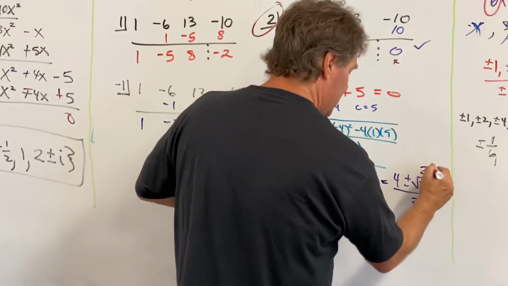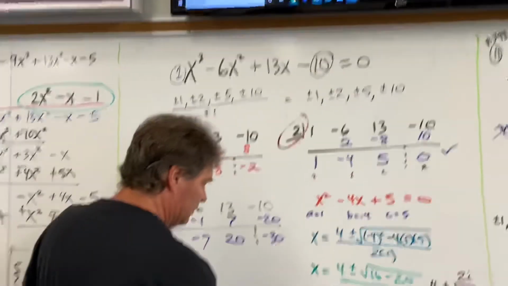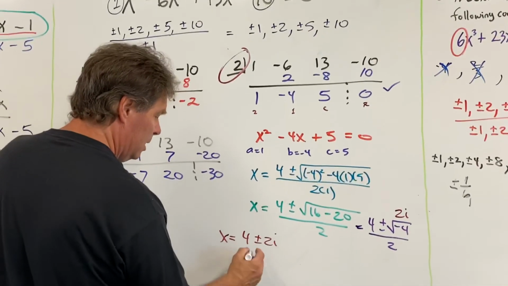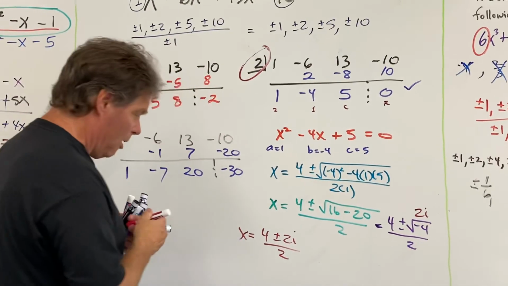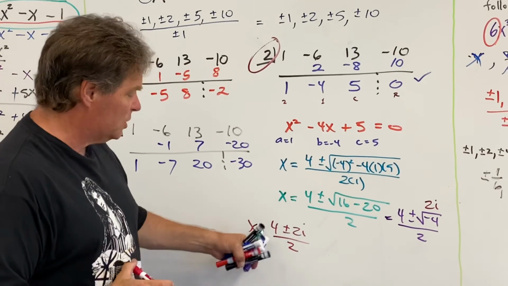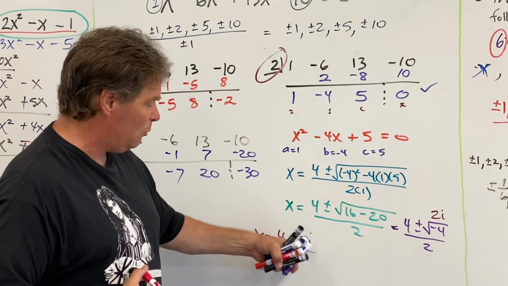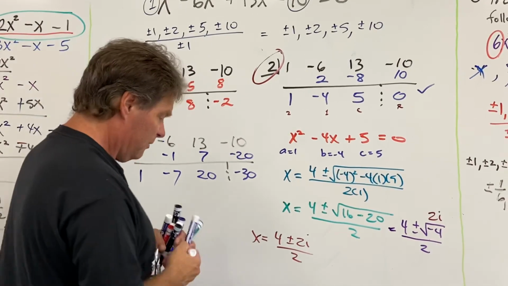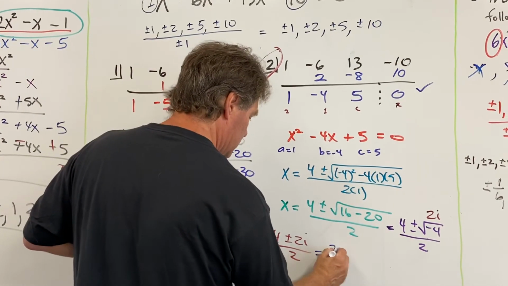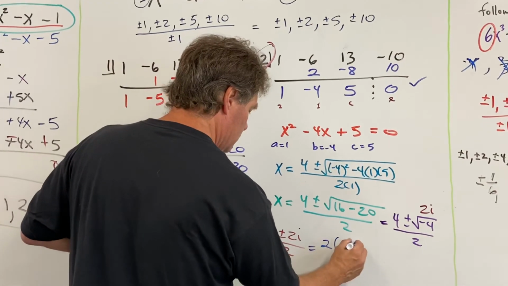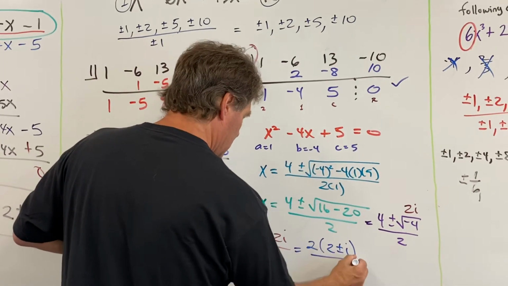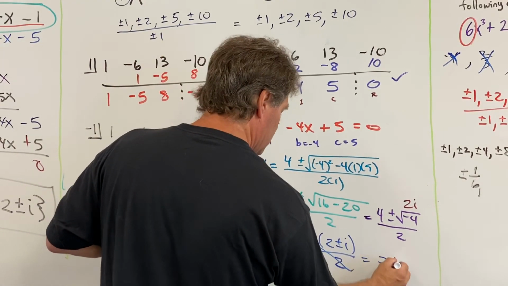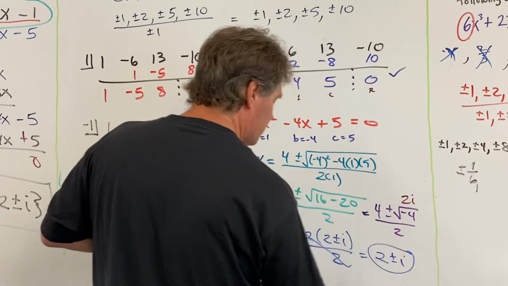So look what it's going to give me. X is 4 plus or minus 2i, the whole thing over 2. Now, everything has a 2. So factor out the 2. 2 times 2 plus or minus i over 2. These guys cancel, and you get 2 plus or minus i is the other 2 roots.